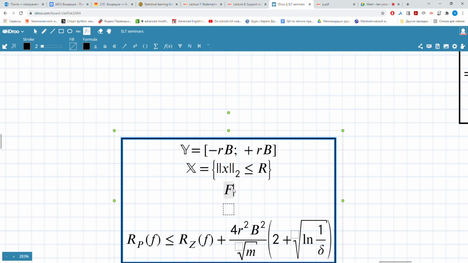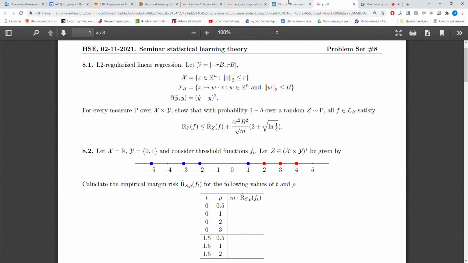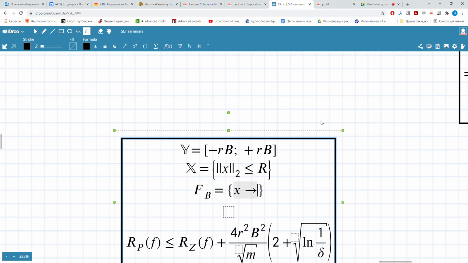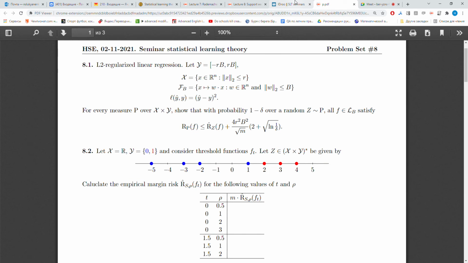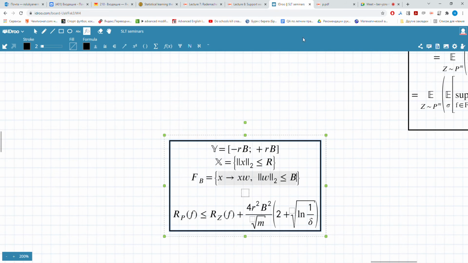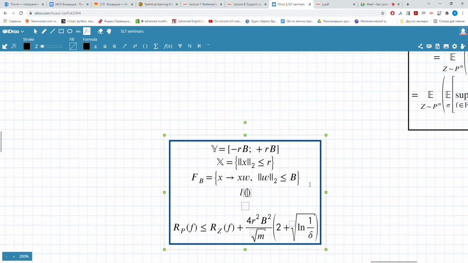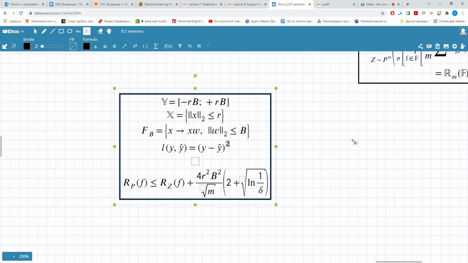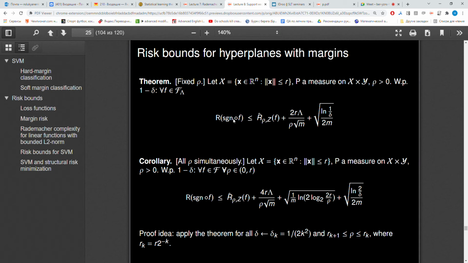We know that our class of functions is bounded by B. And we have this loss function. That's the condition of our task.